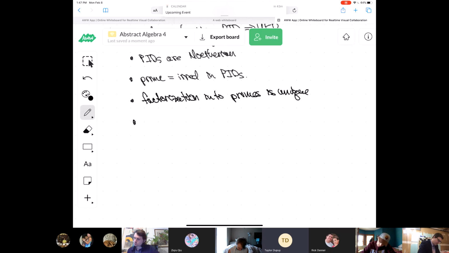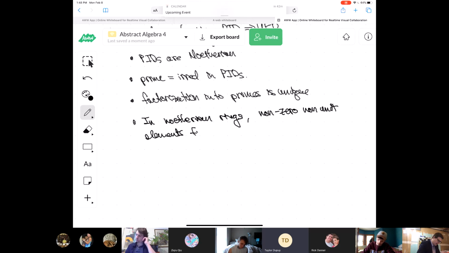And then we showed that in Noetherian rings, non-zero, non-unit elements factor into products of irreducibles, and so hence it factors into a product of primes in the case of PIDs. All right, so that's it.